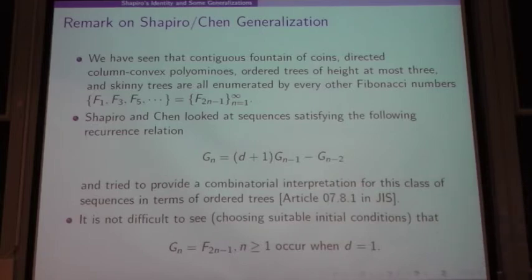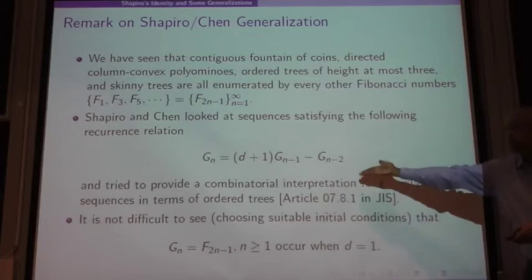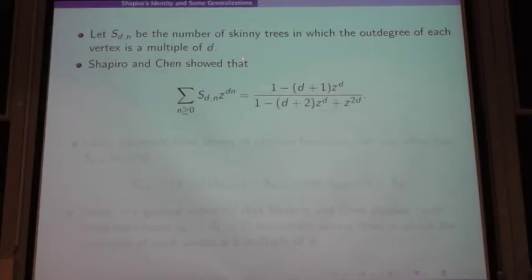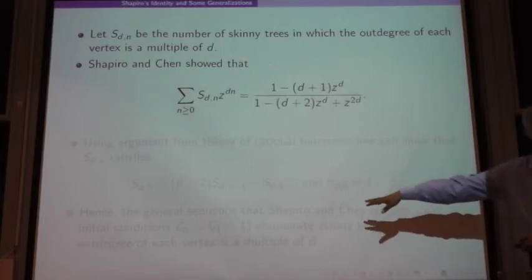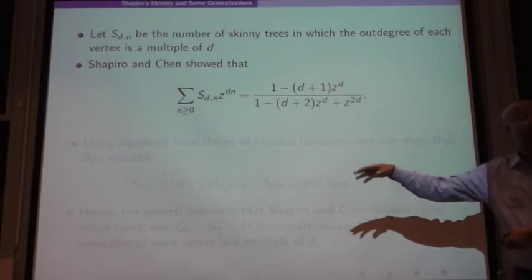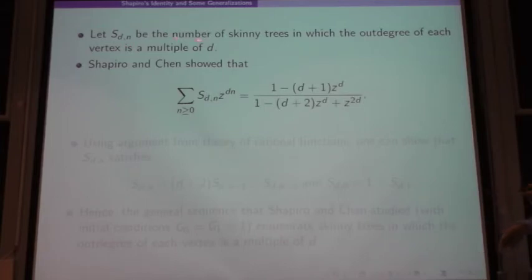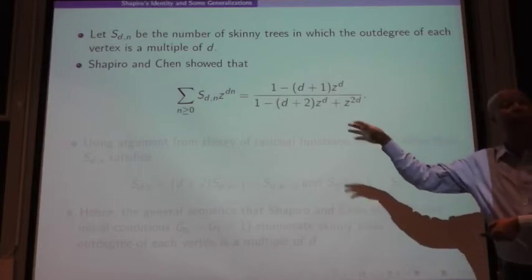Now, they are looking for combinatorial interpretations enumerated by these general sequences for different initial conditions. Since the case of D equals 1 was every other odd Fibonacci, and we know that enumerates, among other things, skinny trees, they looked at SDN to be the number of skinny trees in which the out degree of each vertex is a multiple of D. So, for example, when D equals 1, you get the regular skinny trees, the one that we talked about.